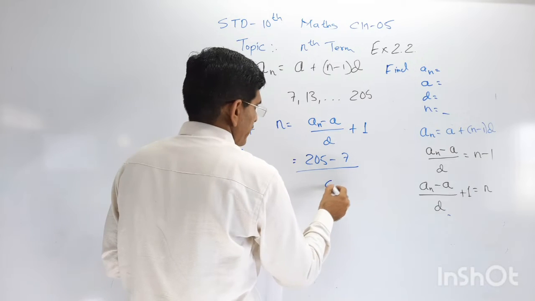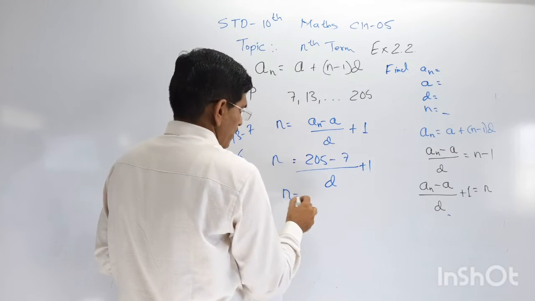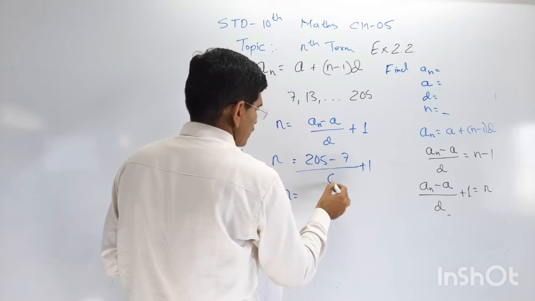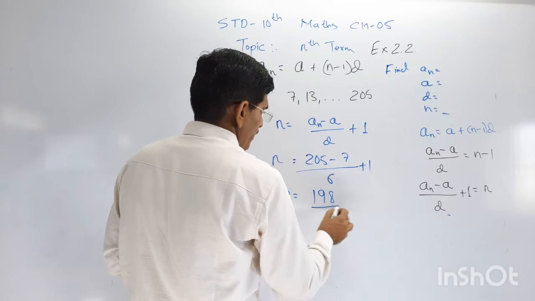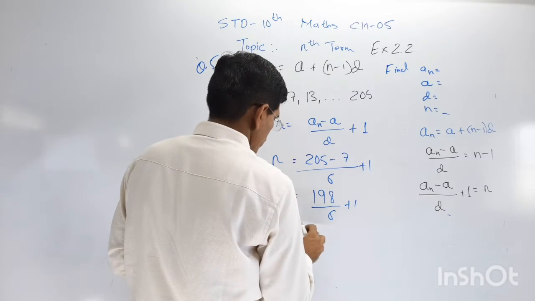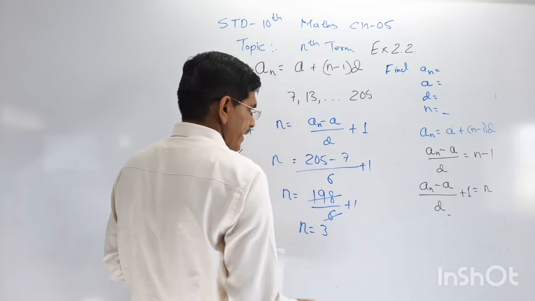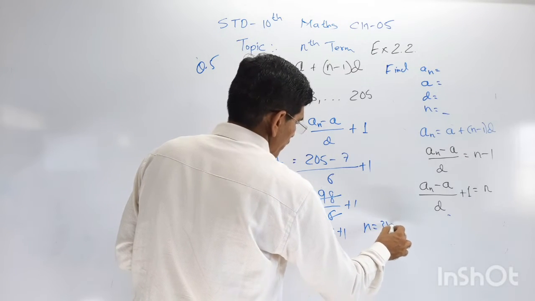So divided by 6, plus 1. So 205 minus 7 is 198, divided by 6 plus 1. So 6 threes are 18, so 33 plus 1. So n is equal to 34.